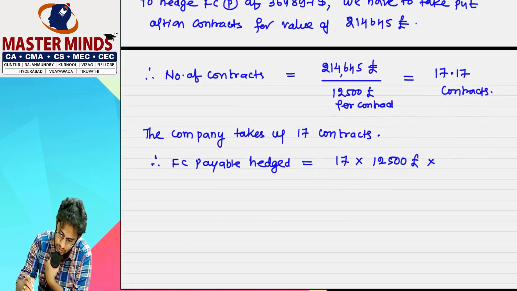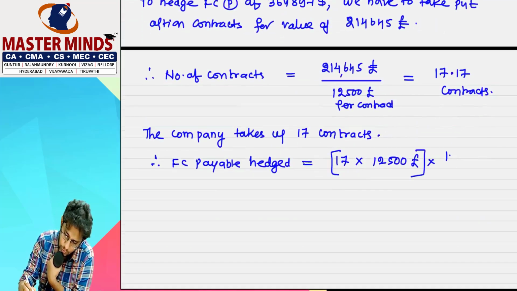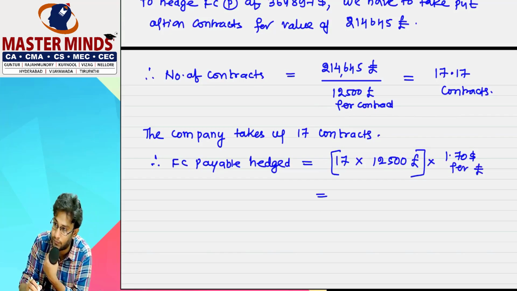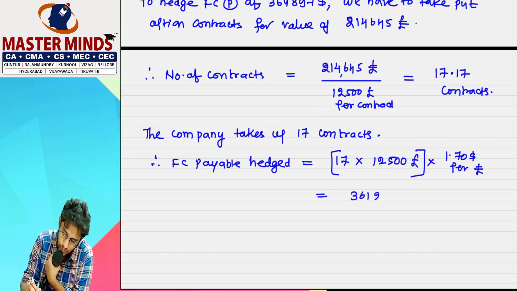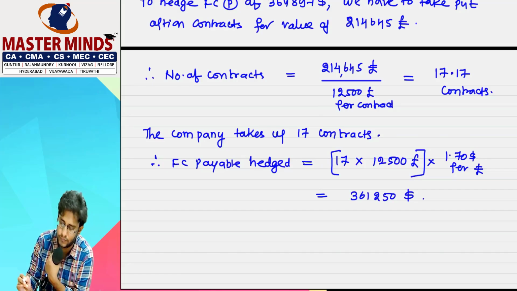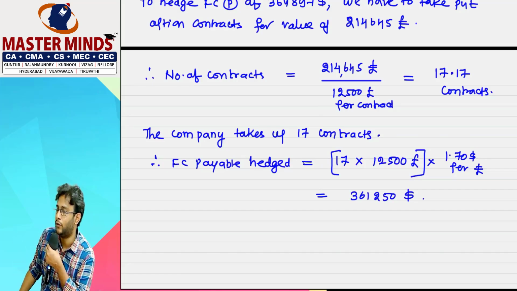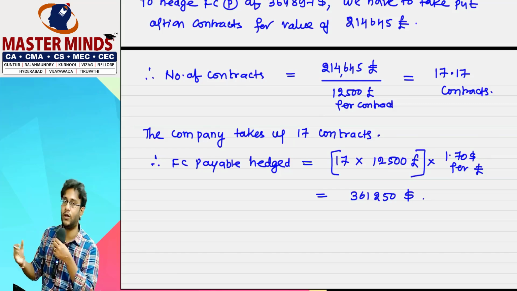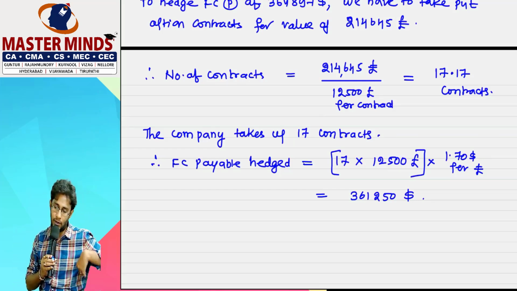Strike price 1.70, that is $1.70 per pound. So it is $361,250. If you take this many contracts, it's as good as hedging this much of FC payable.